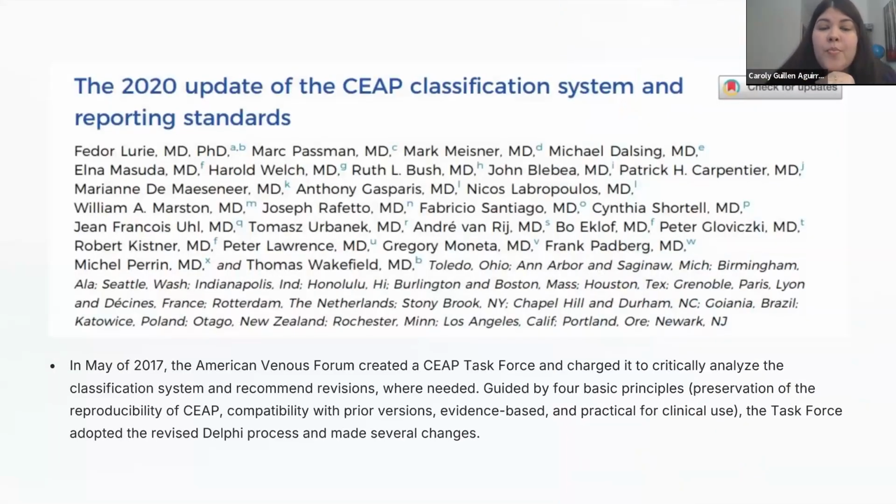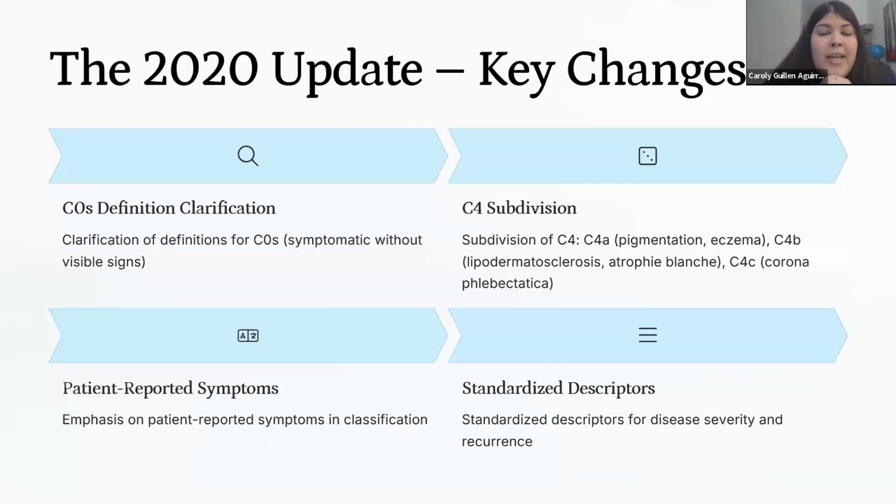And then the 2020 update of the CEAP score came. In May of 2017, the American Venous Forum created a CEAP task force and charged it to critically analyze the classification system and recommended revisions were needed. So the 2020 update key changes that they added: the C0s definition clarification, that they were symptomatic patients without visible signs, as C0s.